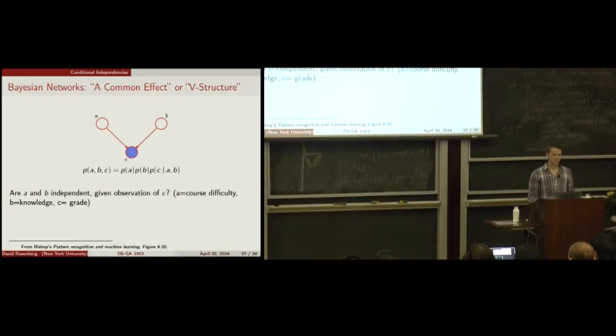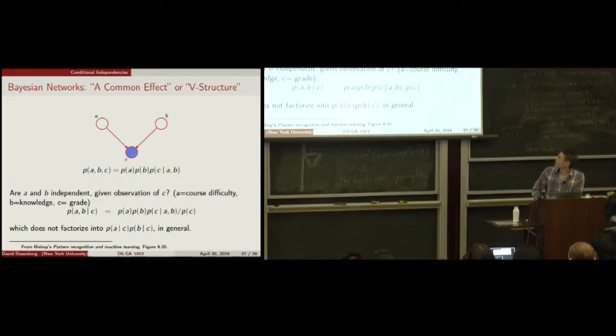So whether the interpretation makes sense or not, mathematically, if we observe C, then A and B are not independent. OK, so that's kind of interesting. If we want to know information about B, and we observe C, we could still get even more information by observing A also.